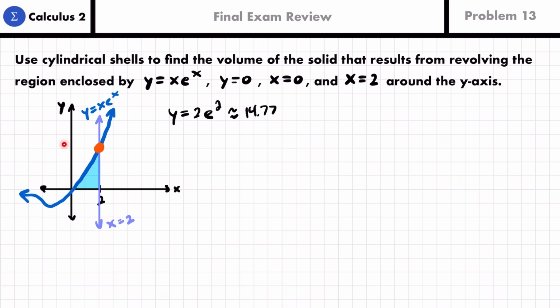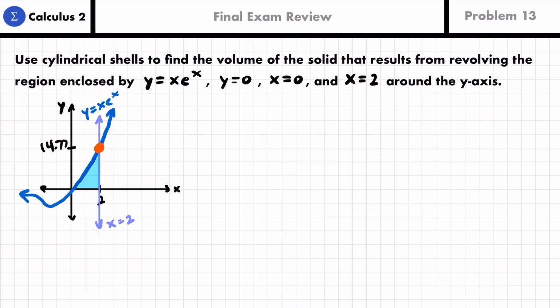So this y value right here would be 14.77, but it looks like it's y equals 3 the way that I've drawn it. Okay, so this is not a perfect sketch. I'm just going to say that this right here is about 14.77, and that's going to be good enough because really all we want to make sure that we can identify are the curves and lines that bound our region. As long as those are in the right places, as they are here, that's good enough to help us set up an integral to calculate the volume.